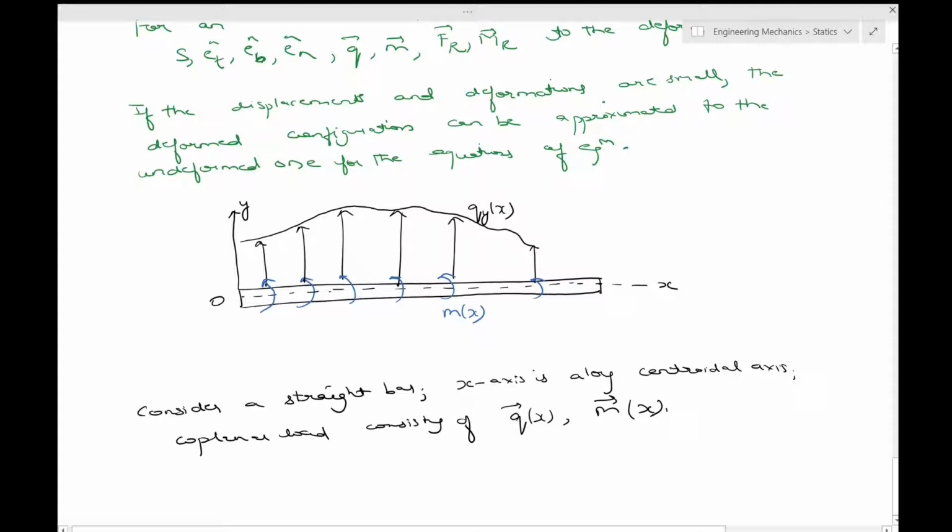Depending on where you are on the x-axis, the value would be given.